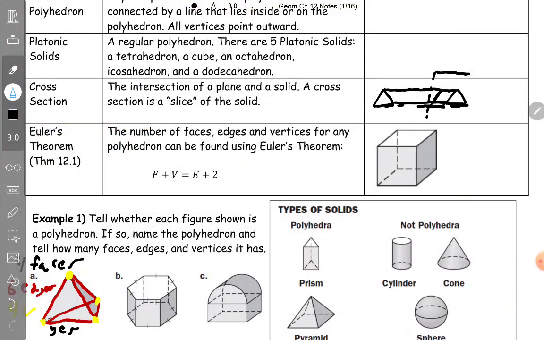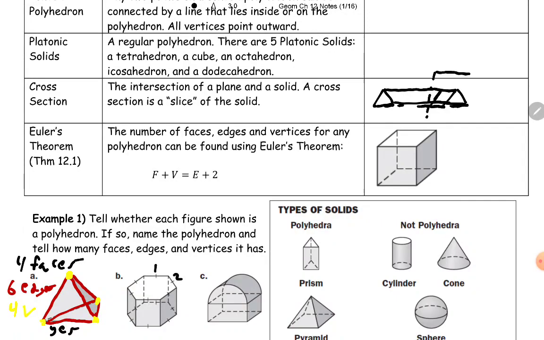Part B, this is what it would be called as one. So looking at the top here, which is the same as the base, there are 6 sides. So that's a hexagon. This is called a hexagonal prism. Prisms are like boxes.